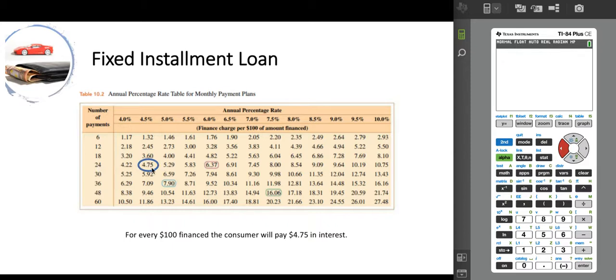So 4.75 is the value we need from this table. And what does this 4.75 mean? Well, that's the amount of money that he has to pay for every $100 that he borrows. So for every $100 financed, Danny, the consumer, will pay $4.75 in interest.